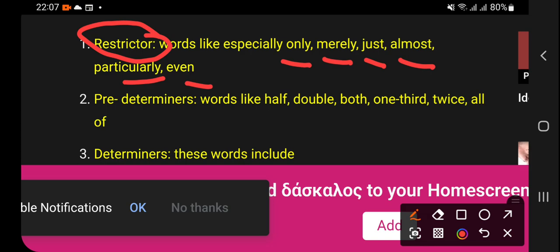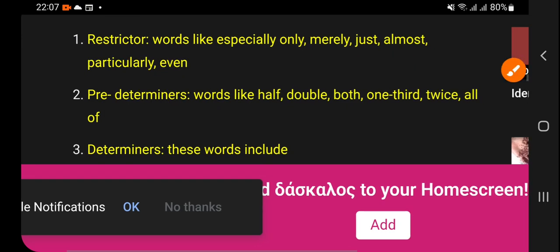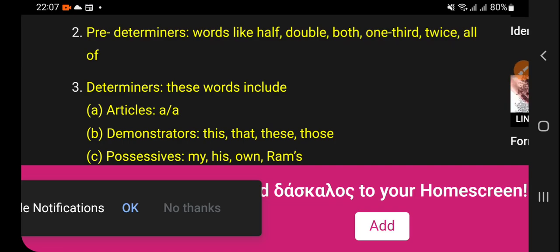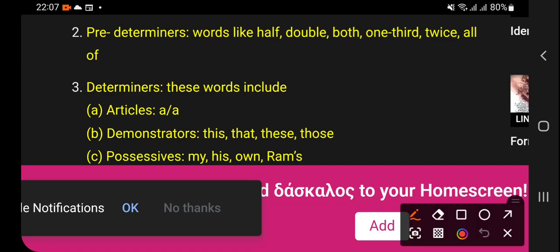So in a noun phrase, one possible modifier is the restrictor. Number two, predeterminers: words like half, double, both, one third, twice, all. These determine the limit.